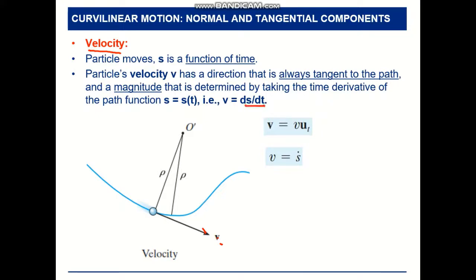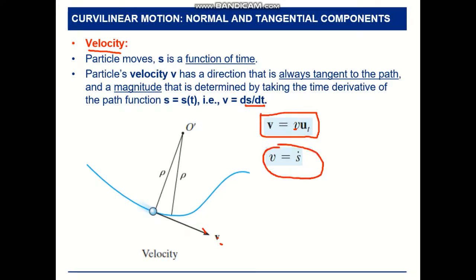So that is the time derivative ds/dt. We know that the velocity, as a vector quantity, is the speed multiplied by ut, which is tangent to this curve.